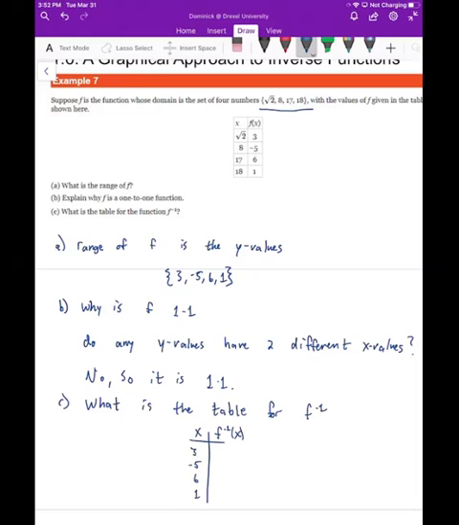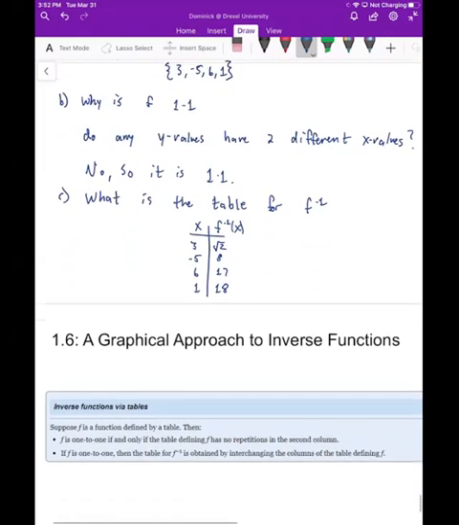And then I make the right column, still matching the same numbers together, my new right column. So this is 3 goes with square root of 2, -5 goes with 8, 6 goes with 17, and 1 goes with 18. All right, so that's that one.